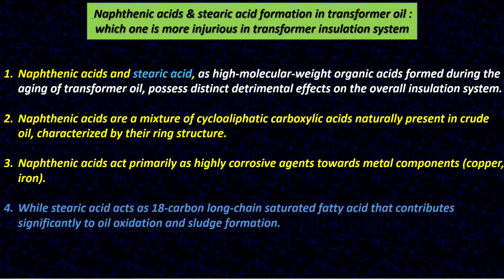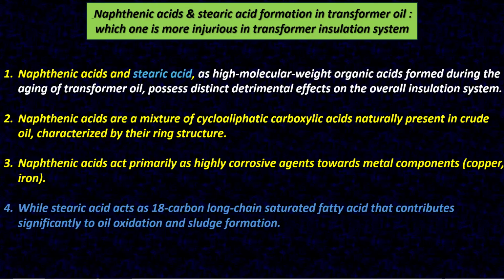Naphthenic acids and stearic acid formation in transformer oil, which one is more injurious in the transformer insulation system? One, naphthenic acid and stearic acid, as high molecular weight organic acids formed during the aging of transformer oil, possess distinct detrimental effects on the overall insulation system.